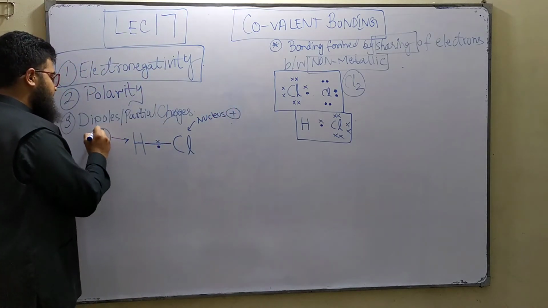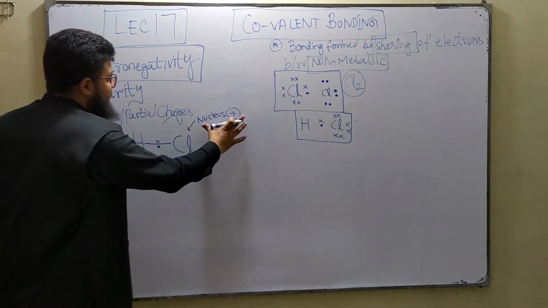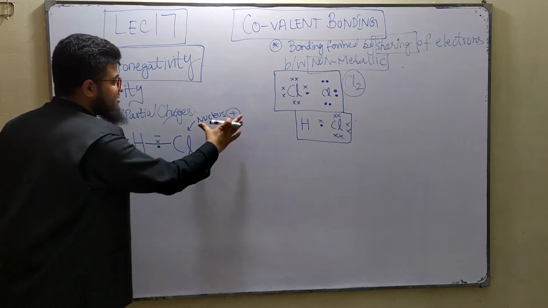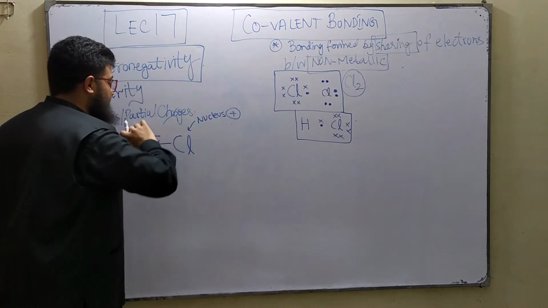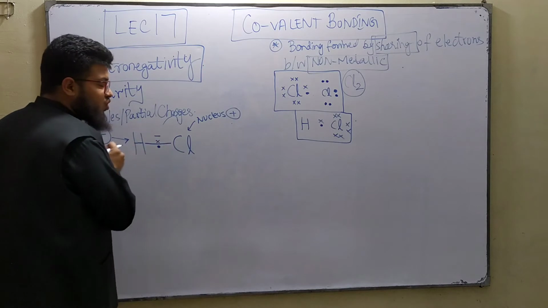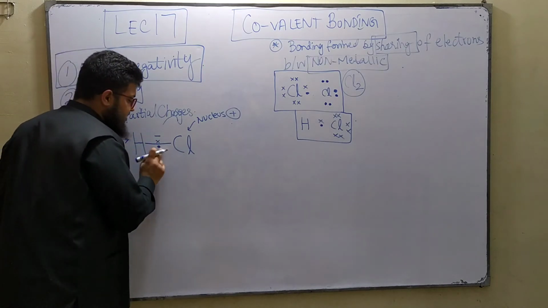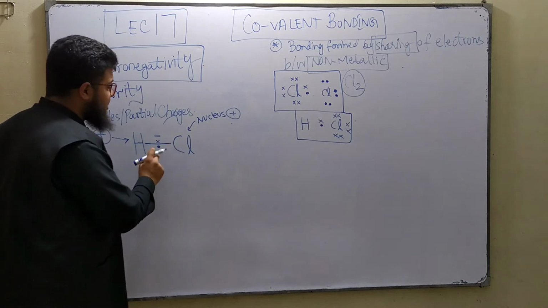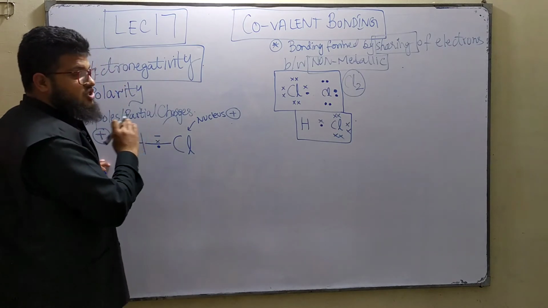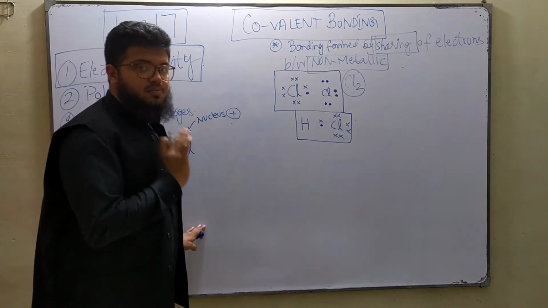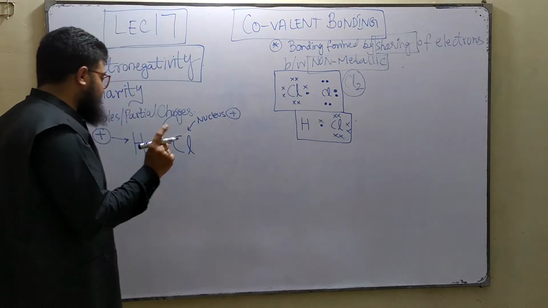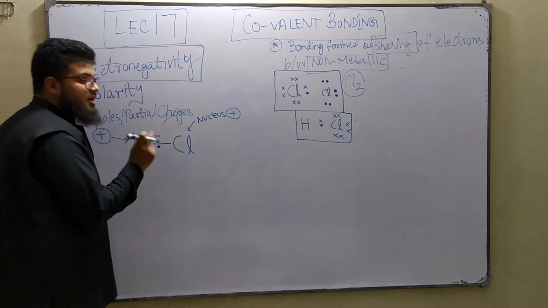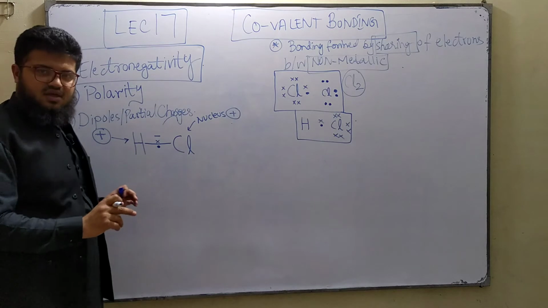Since these nuclei are positive and the electrons which are shared are negative, these positively charged nuclei will try to pull the electrons towards themselves, and as a result these electrons are not gonna be midway between them, but rather this electron density will be shifted towards the stronger pull side. So first of all, this relative ability to pull on the bonded pair of electrons is called electronegativity. Clear?